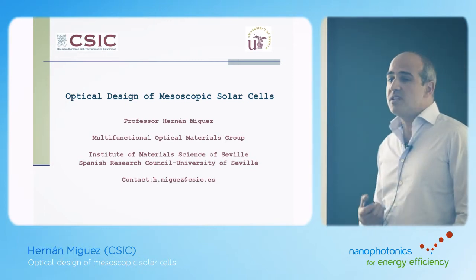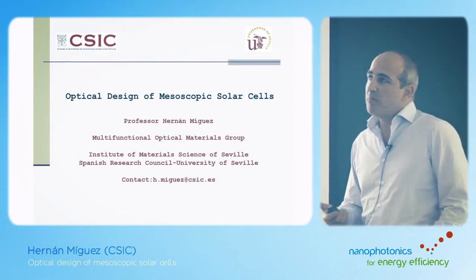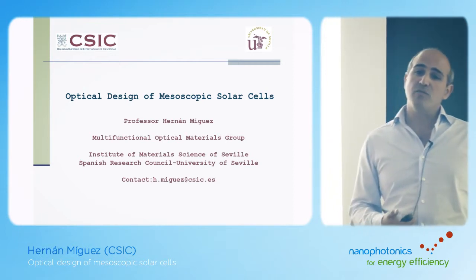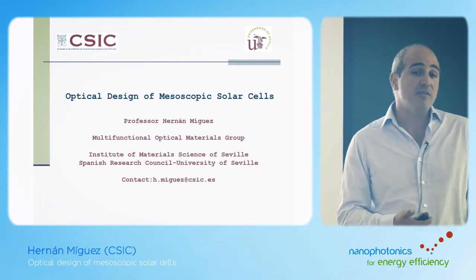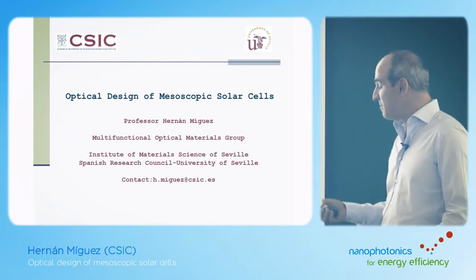But I'm going to use these two examples to highlight probably, if not all, most of the approaches based on photonics that are being used or have been used in the last years to improve the efficiency of solar cells.